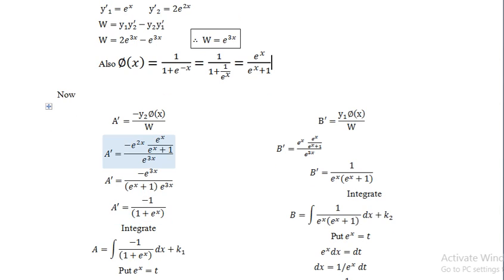So in the numerator e raised to 2x into e raised to x is e raised to 3x, with the minus sign, divided by e to the power 3x into e raised to x plus 1. So cancel the numerator and denominator terms. Remaining terms are minus 1 divided by e to the power x plus 1. Then we will integrate a dash.